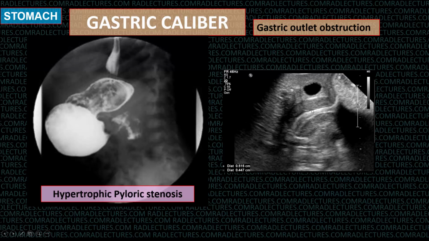If you can't find the pylorus, then one of the ways to do that is look at the liver in transverse section and find the gallbladder. How do you find the gallbladder? You identify the middle hepatic vein and you start scanning downwards until you reach the gallbladder, because the gallbladder and the middle hepatic vein are in the same plane, top to bottom.